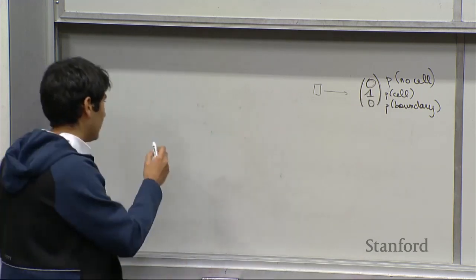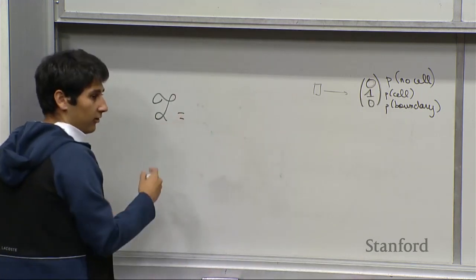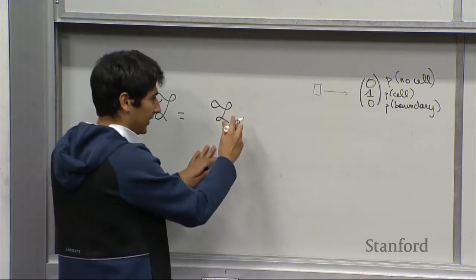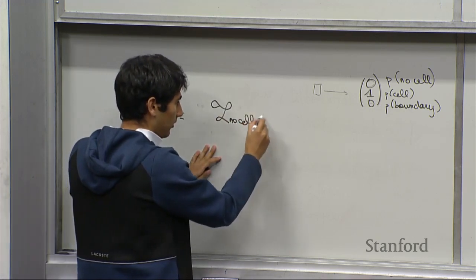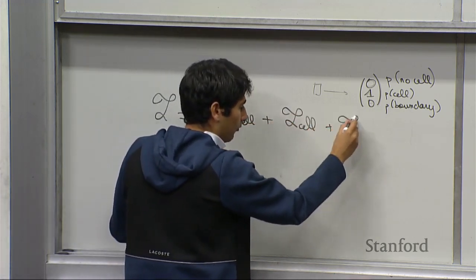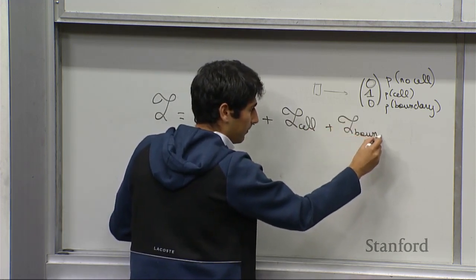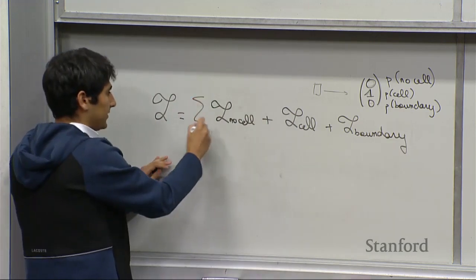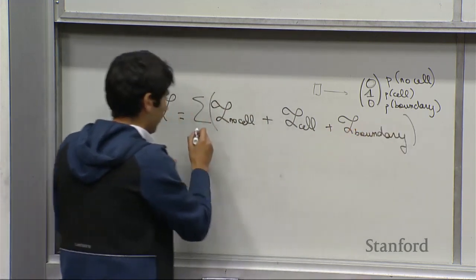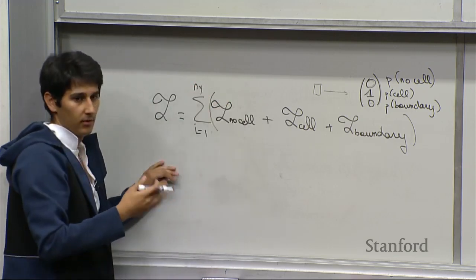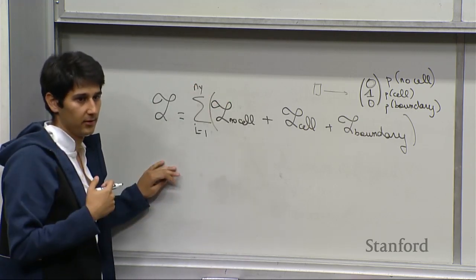Instead, what you can do is, when you compute your loss function, it should have 3 terms: 1 binary cross entropy, let's say, for no cell, 1 for cell, and 1 for boundary. Okay? And this is going to be summed over i equals 1 to n, the whole output pixel values.